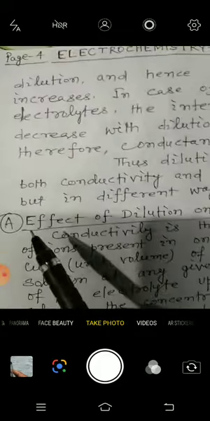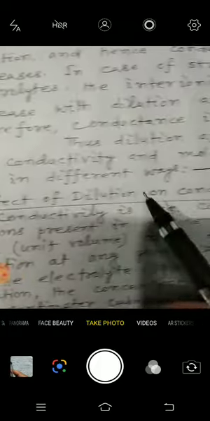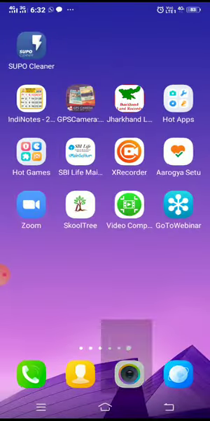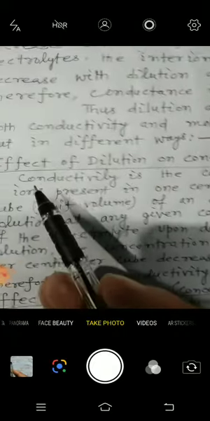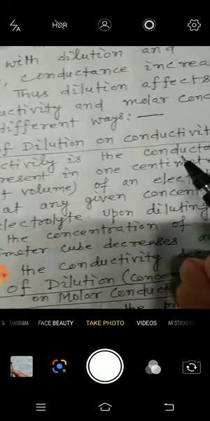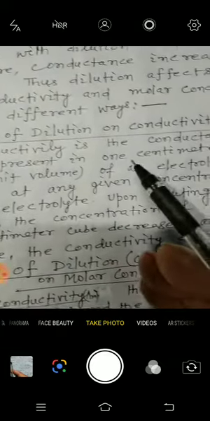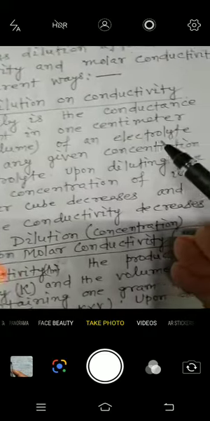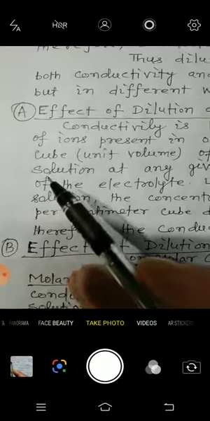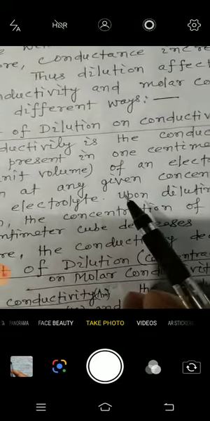So first, let me discuss the effect of dilution on conductivity. Conductivity is the conductance of ions present in 1 centimeter cube, that is unit volume, of an electrolyte solution at any given concentration of the electrolyte.